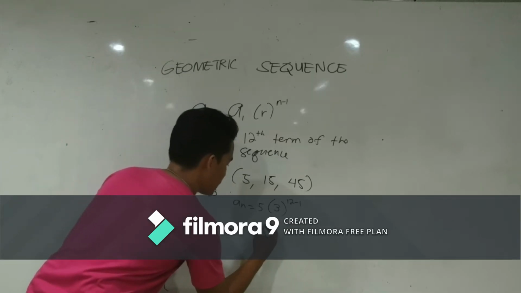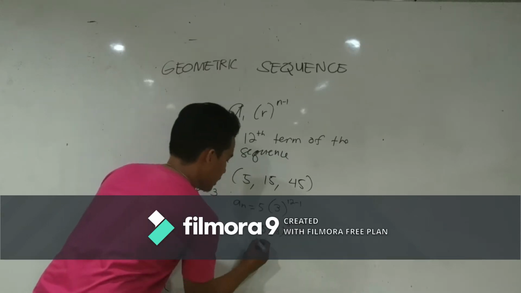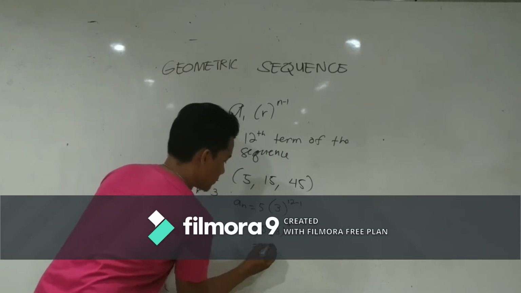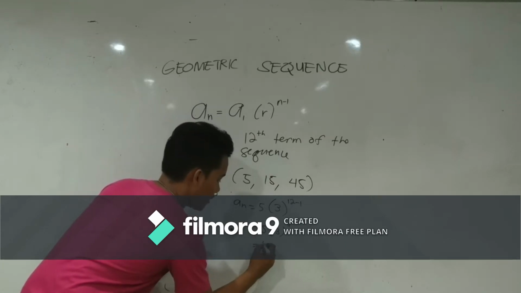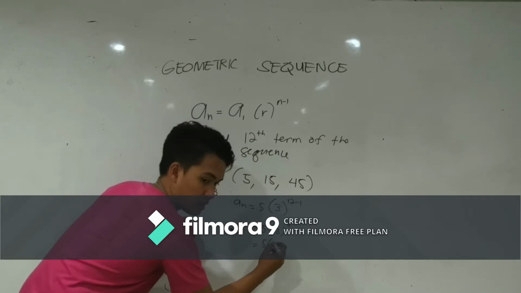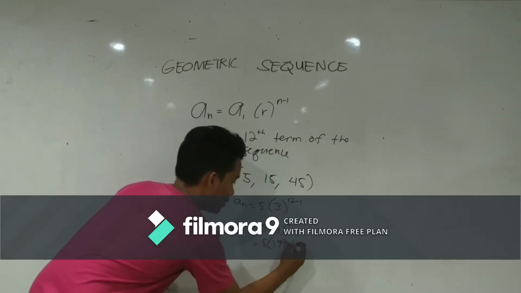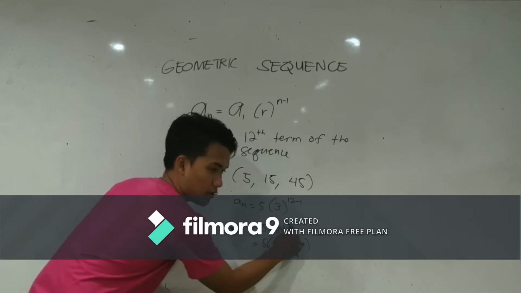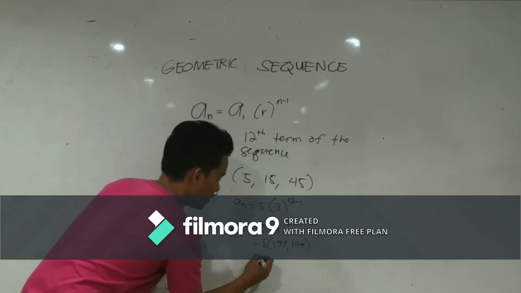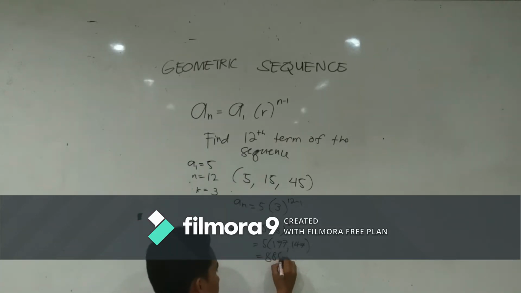Now we have 5 times 3 to the power of 11, which is 12 minus 1. 3 to the power of 11 is 177,147, and then times 5, we get 885,735.